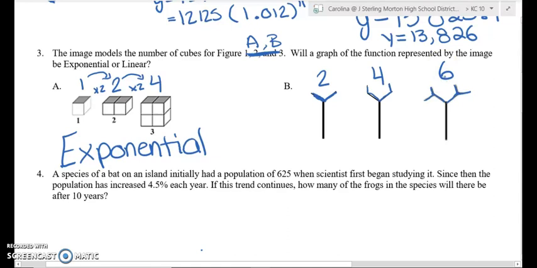So now the question here is, how did I go from 2 to 4, 4 to 6? Did I add, subtract, multiply, or divide? I ended up adding 2 each time. Since I'm adding 2, it's linear. Remember, for it to be linear, you're either going to be adding or subtracting.